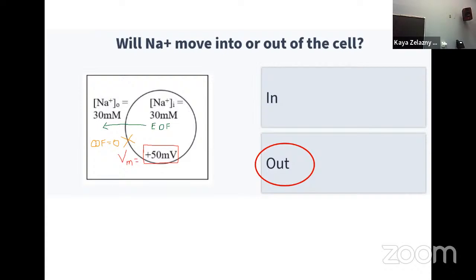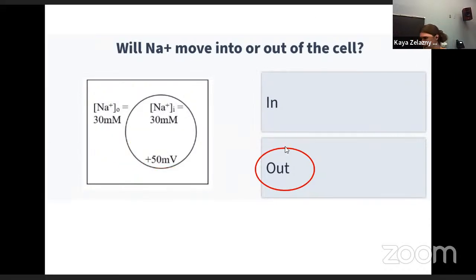So the only thing pushing or pulling that ion is the electrical driving force. Does that make sense? Yeah, we basically have both of these forces acting together, but in this case, there's no chemical driving force. So how we figure out which one we're following is we figure out which is bigger, but 0 is not bigger than anything here because we're thinking magnitude.